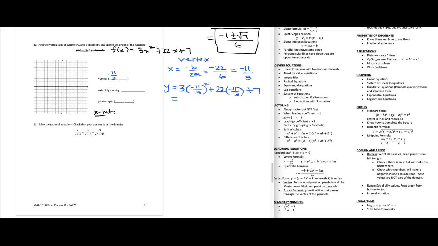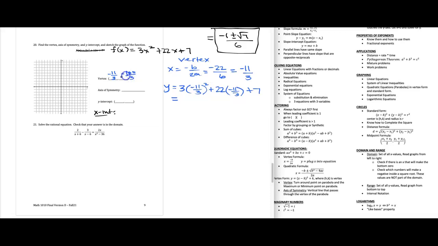Make sure you come up with the same thing. Usually they'll come out with nicer numbers than this. This one is negative 100 over 3.